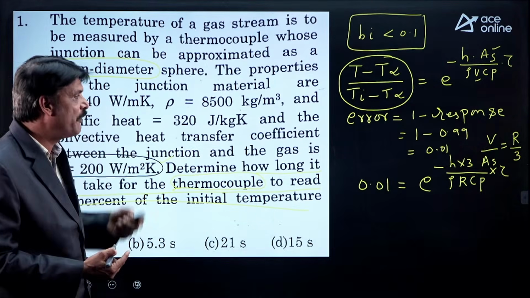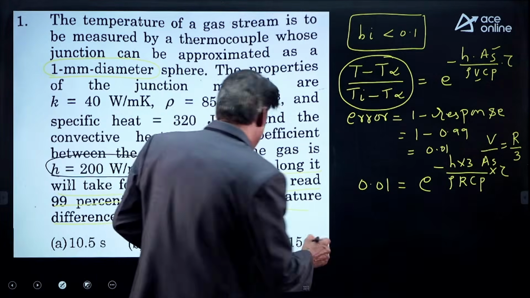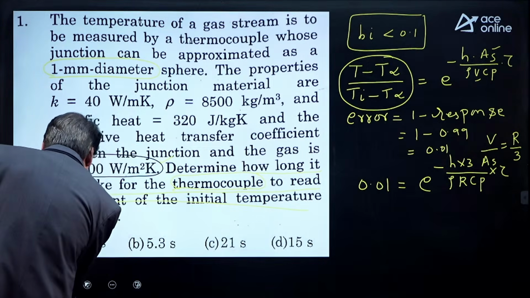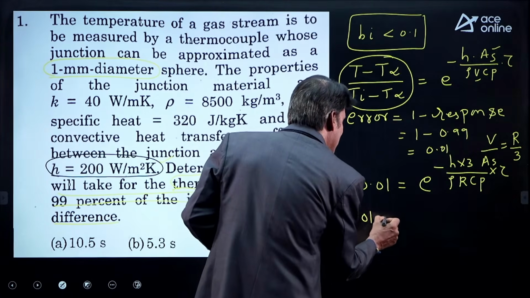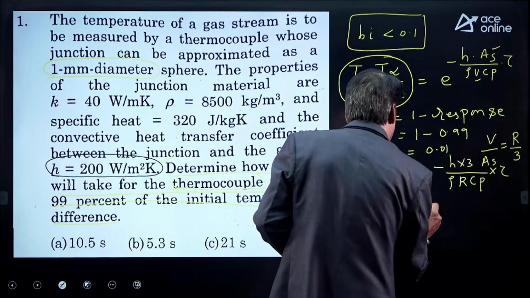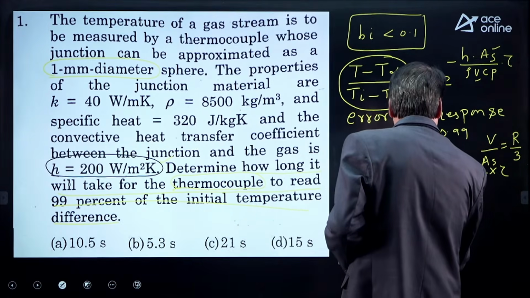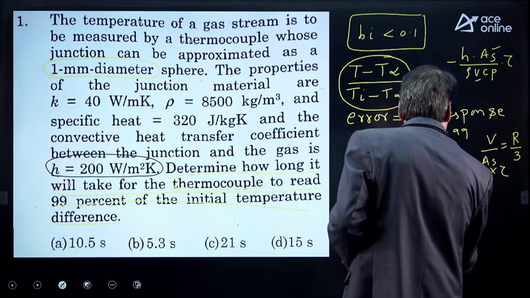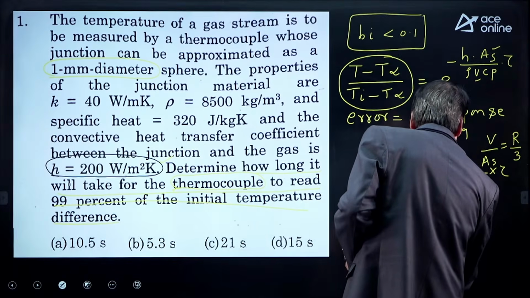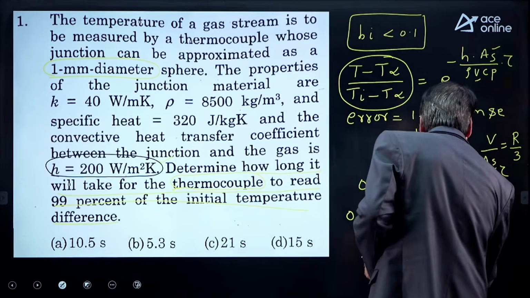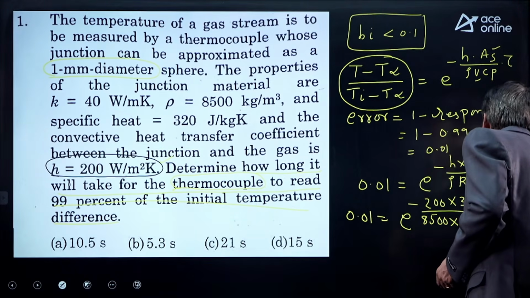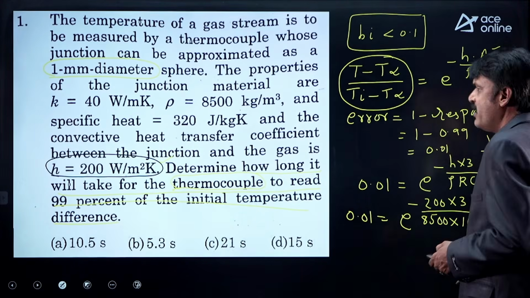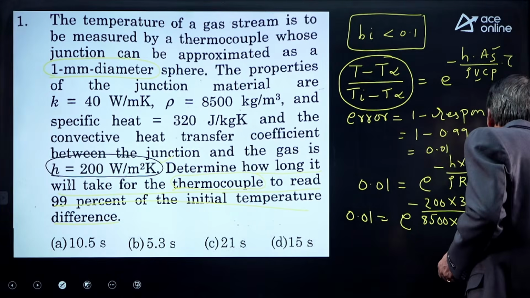So, if you substitute, 0.01 is equal to e to the power of minus 200 into 3 divided by 8500 into r, 1 mm, 10 power minus 3, into 320 into tau.